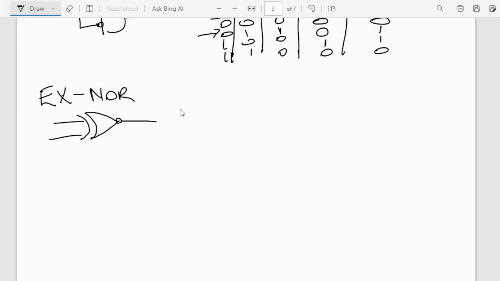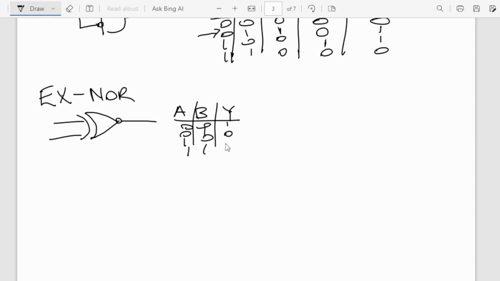So you expect that the truth table is going to be A, B, Y. So instead of having a 1 here, we're going to have a 0 here. Oh, I'm sorry, it's the opposite. So when we have two of the same inputs, our output is going to be high.